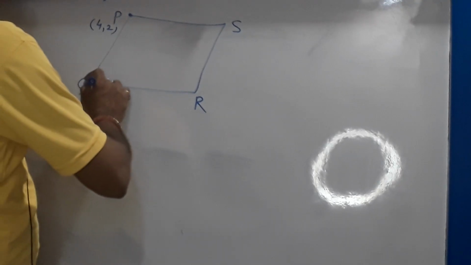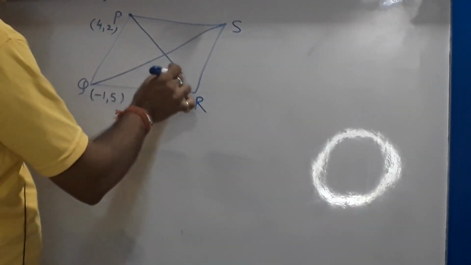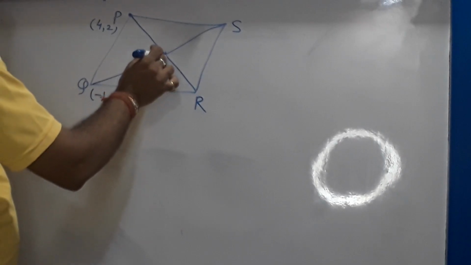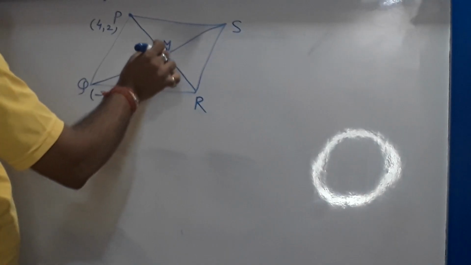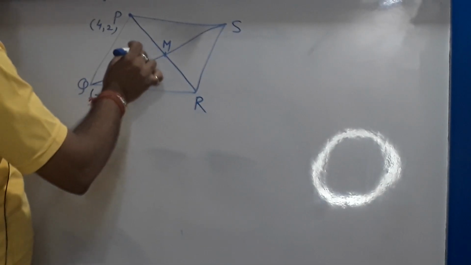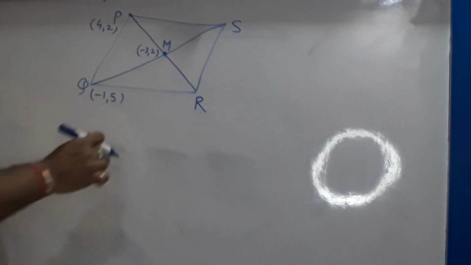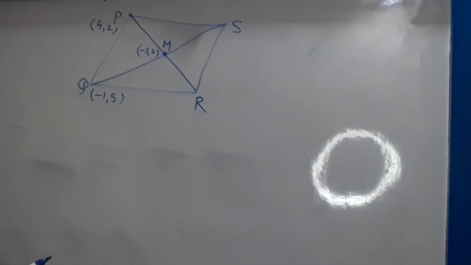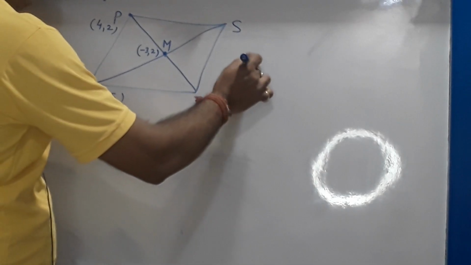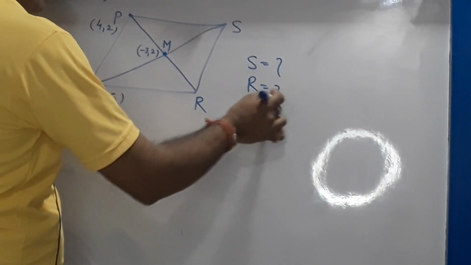Then diagonal QS and diagonal PR meet at point M. Coordinates of M are given as -3, 2, where both the diagonals meet. Now it is asked to find the coordinates of S and the coordinates of R.